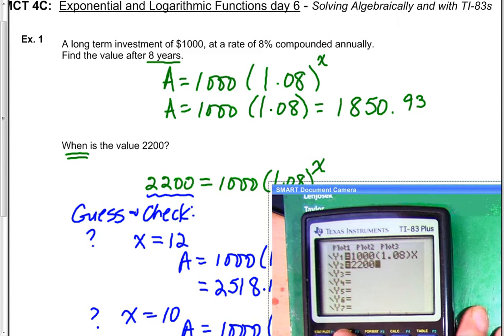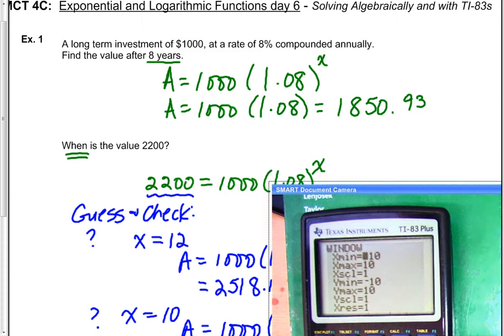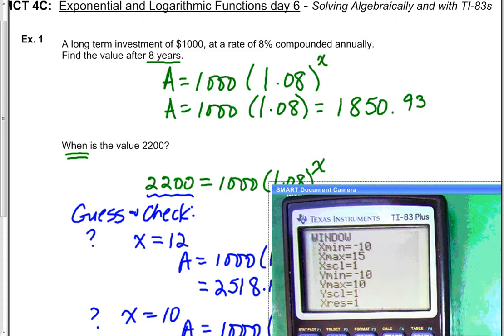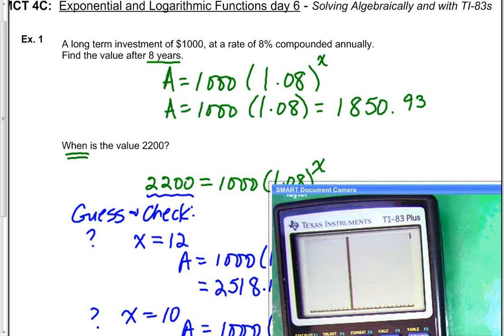Now I know I'm going to have to adjust my windows for this. I know that time is going to be more than 10 years, so I'm going to make that x max 15. And I'm talking about a decent amount of money, so in the thousands for sure. 2,200, so I'll make it 3,000. Let's see if we can find the point of intersection now.